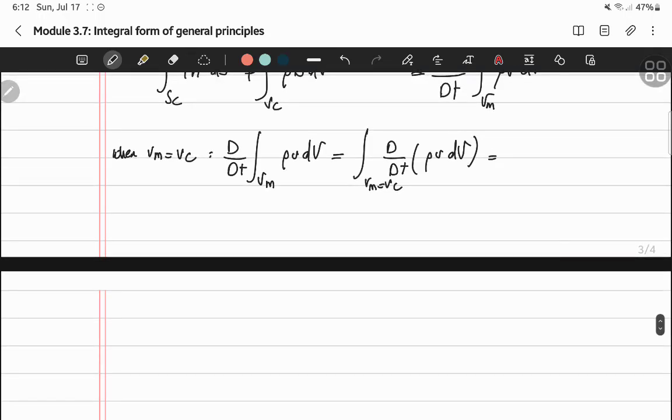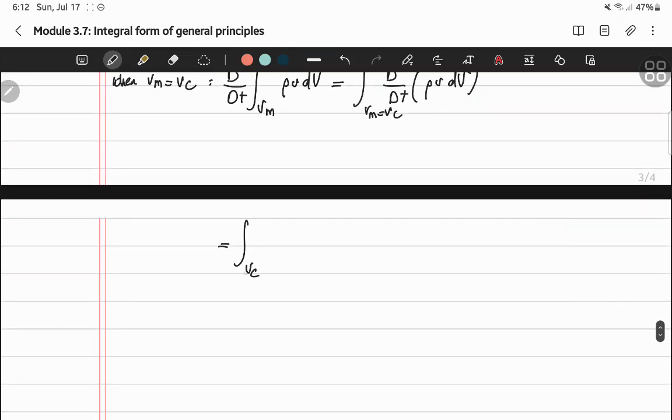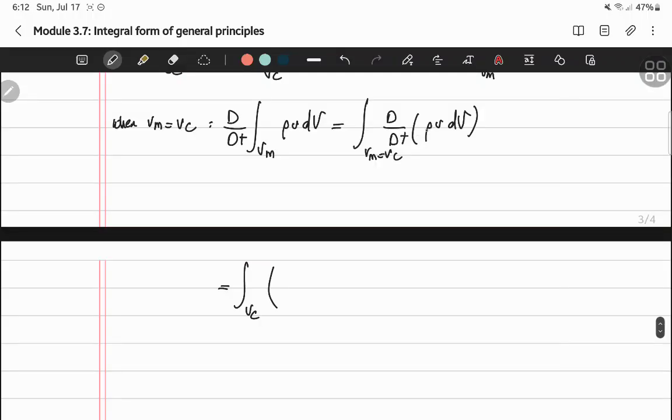So if I expand this, again with Vc in here, if I take rho and dV as one term and then small v as another term, I will have d/dt of rho dV times v plus, write it this way, then we have rho dV times dv/dt, right?